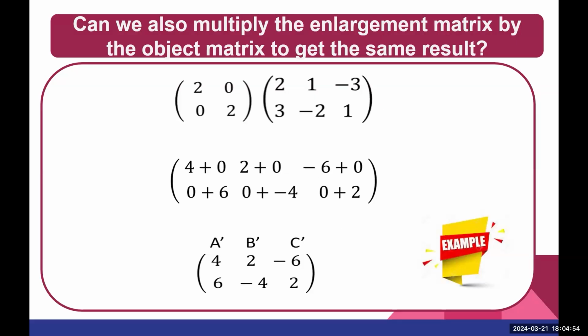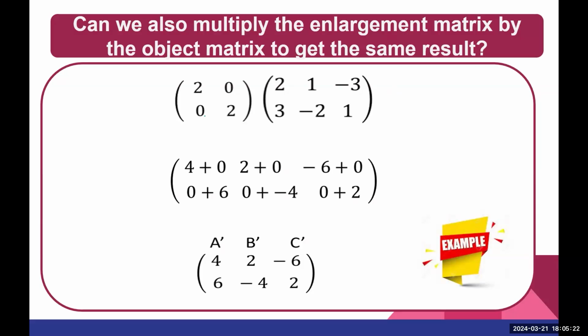Any questions? Sir, when we use the enlargement matrix, I see you have in the second bracket 2 plus 0. How did you get that? All right, so this question actually skipped a step.